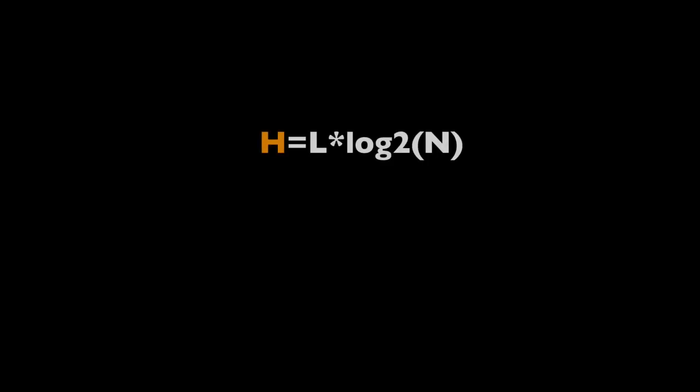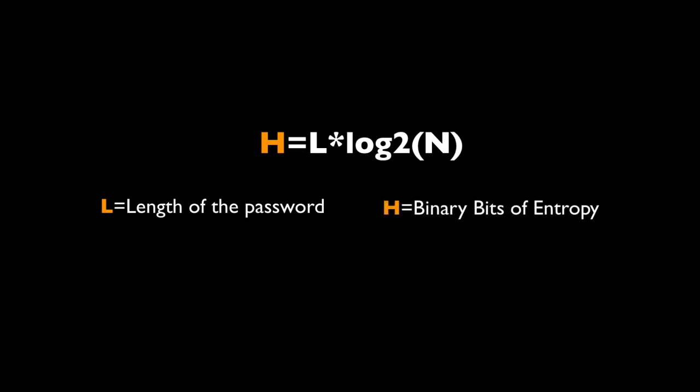All right, let's look at an entropy example and things will be much clearer. We calculate entropy using the following formula: H equals L times log2 N. L is the length of your password, H is the total binary bits of entropy, since entropy is calculated using bits, and N is the number of possible symbols in a password.